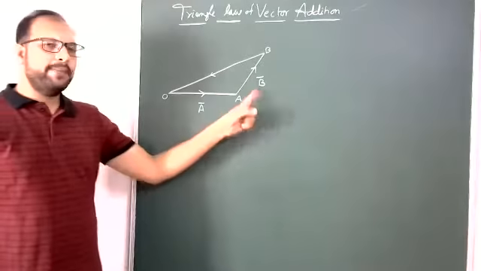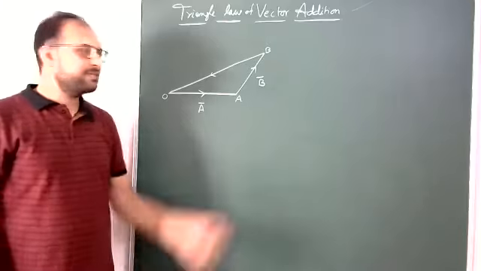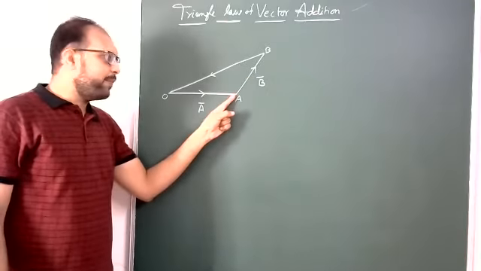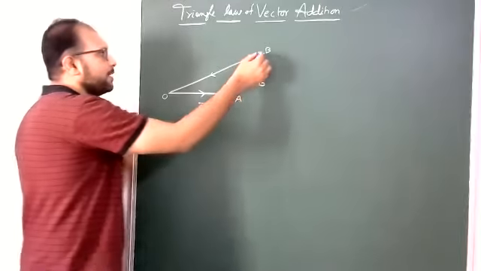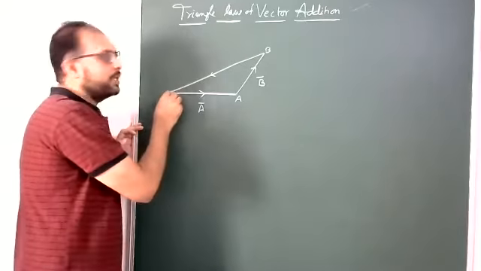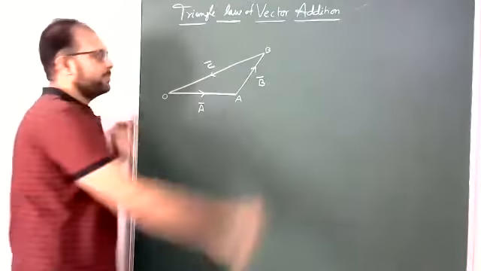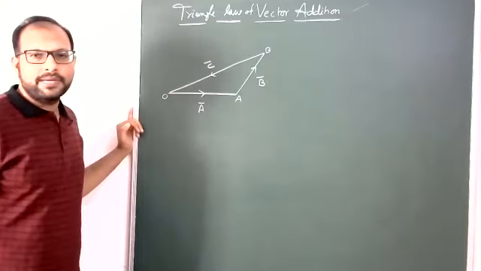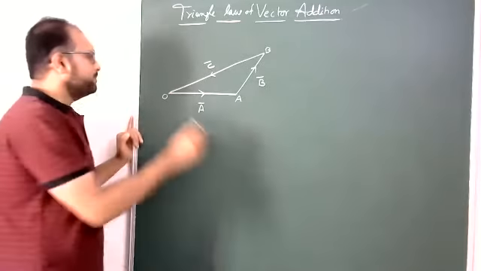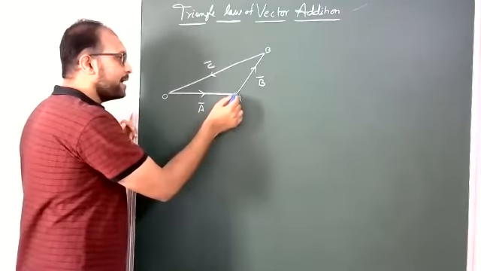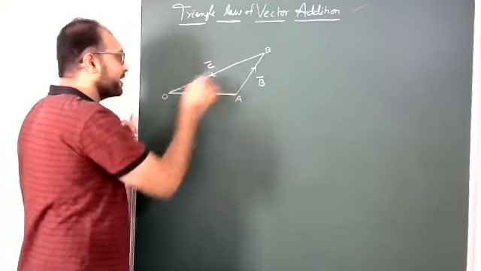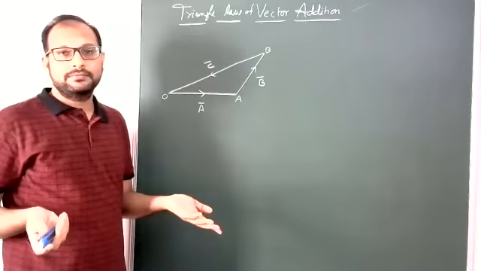See students, B bar is taken in particular order, meaning it starts from the ending point of the first vector. Later, B to O is C bar, suppose. Now here a total of three vectors are there: A bar first vector, B bar second vector, C bar third vector.